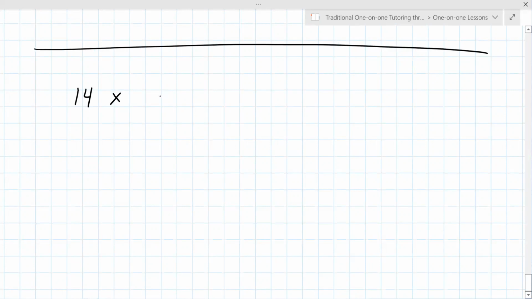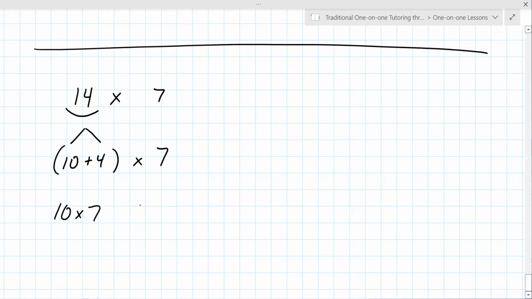Okay, good. Let's do one more here. 14 times 7. So we're going to break up 14 into 10 plus 4. So now you've got to multiply 10 and 7.